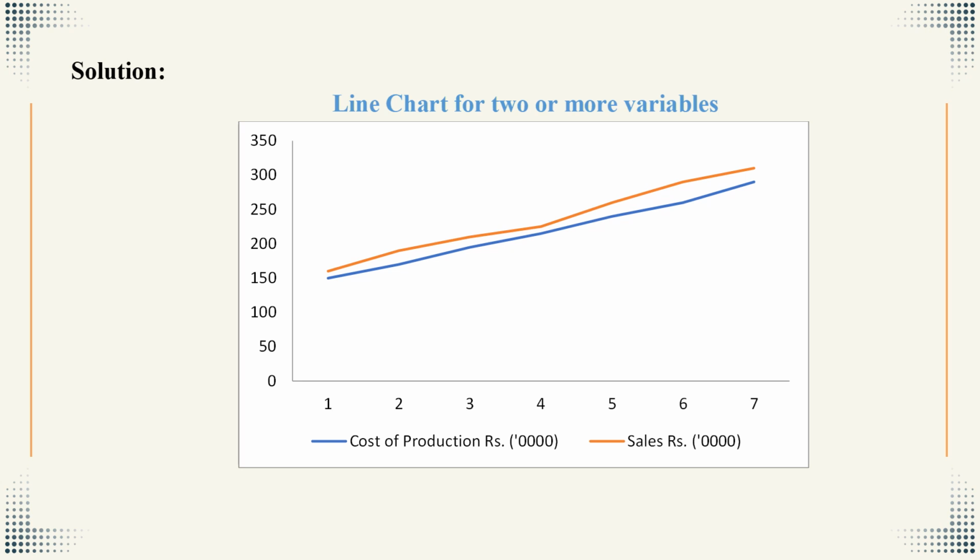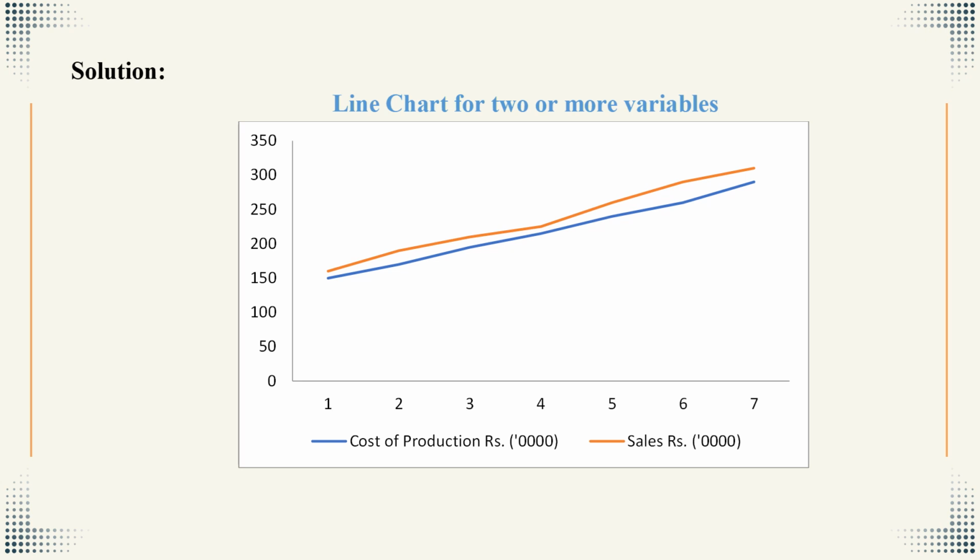Cost of production in thousands has been given for various periods. A dot should be put and all dots should be joined, and that will give the cost of production line, which is taking an upper trend from the first year to the seventh year, just like in the illustration.